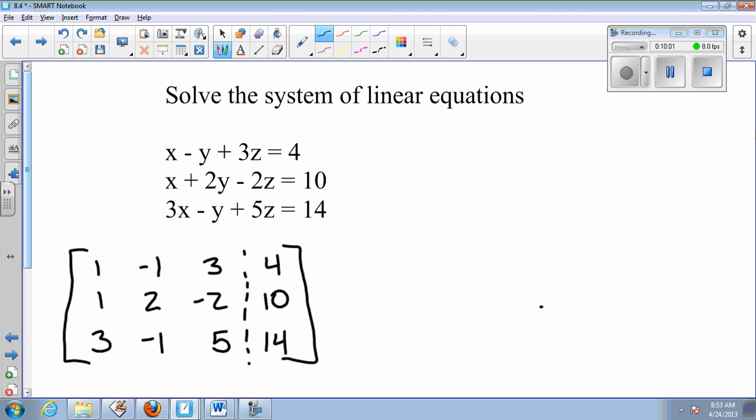So we see that we already have a 1 in our upper left-hand corner. So we need to get rid of the 1 and the 3 below it. So we are going to take row 2 minus row 1 and get our new row 2.